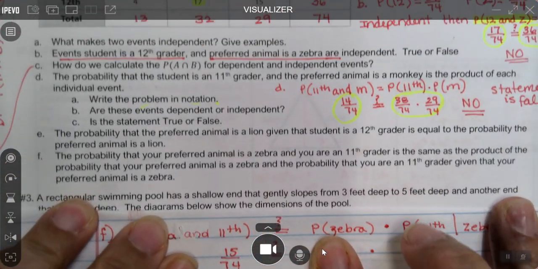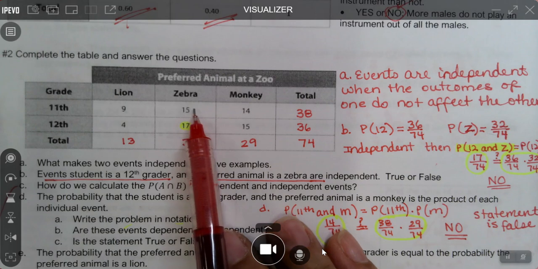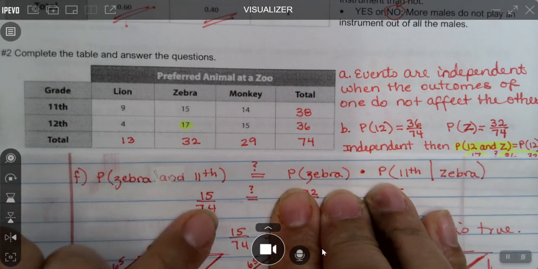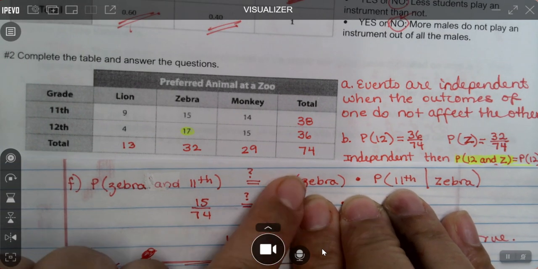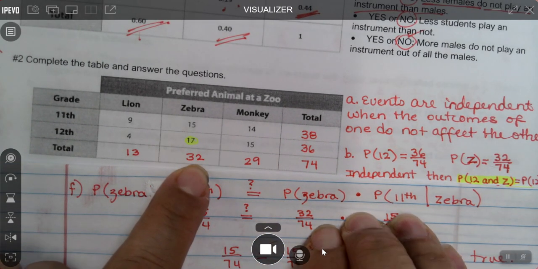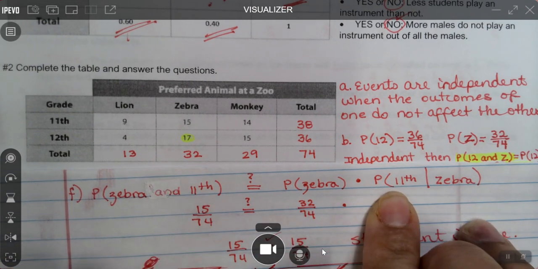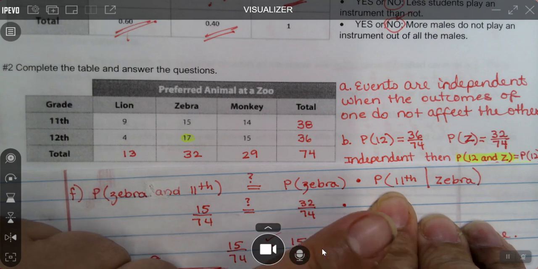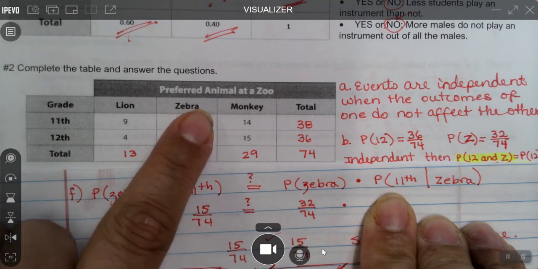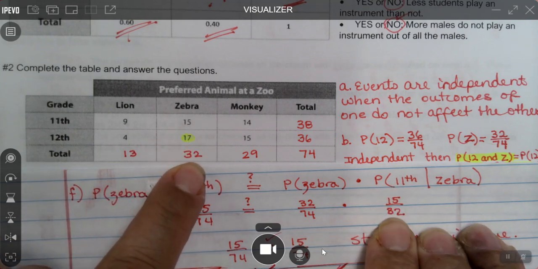Zebra and 11th graders, right here, 15 out of 74. Probability of zebra, 32 out of 74, times the probability that you're an 11th grader given that you like zebras. So we're only looking at the ones that like zebras, and the 11th graders are 15 out of 32.